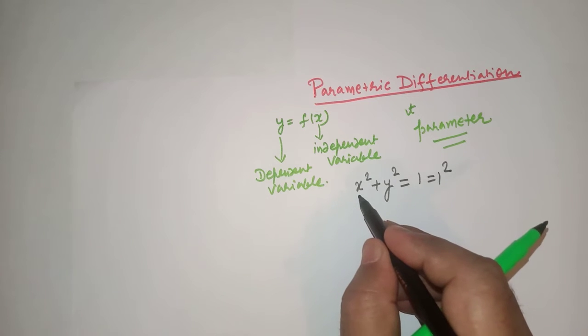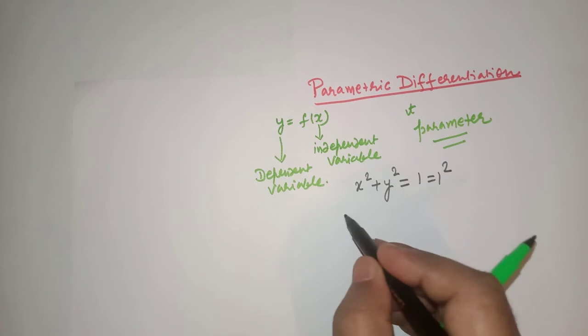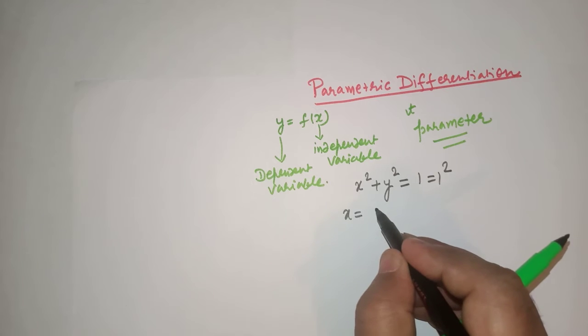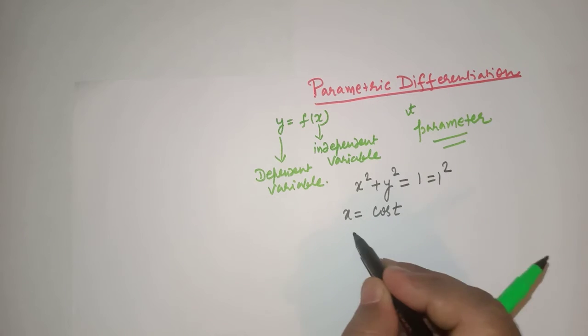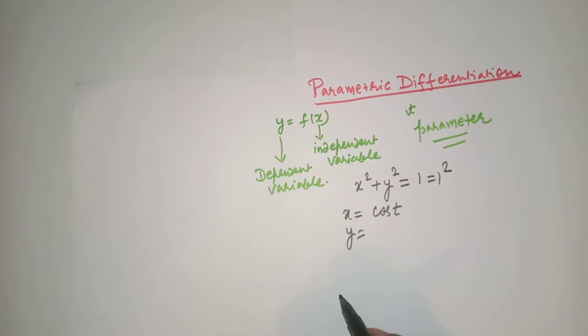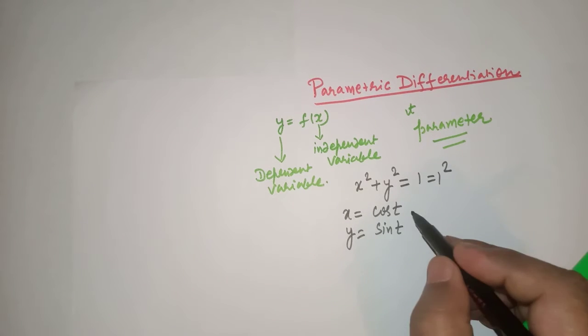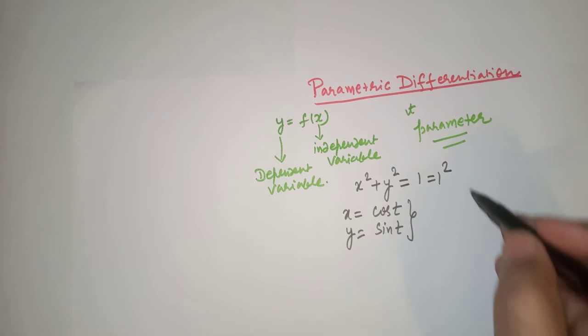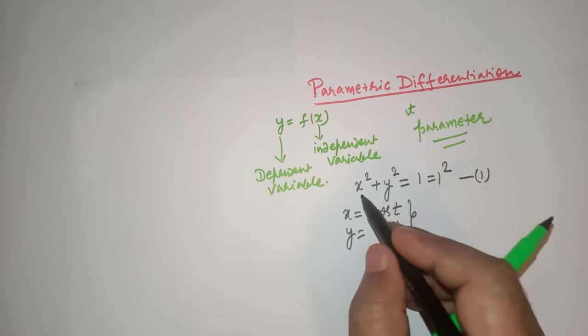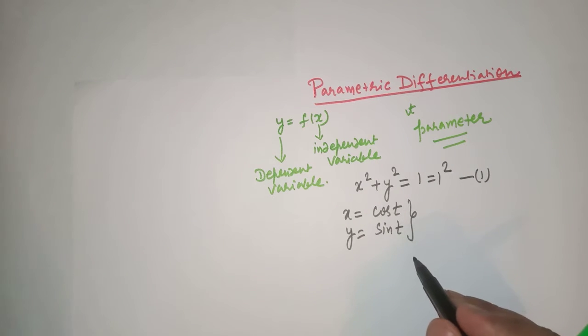Now if we express x as cos t and y equal to sin t, then obviously this equation 1 is satisfied.